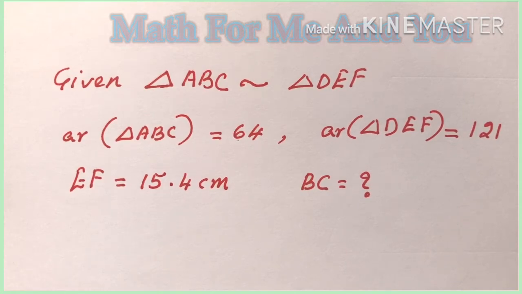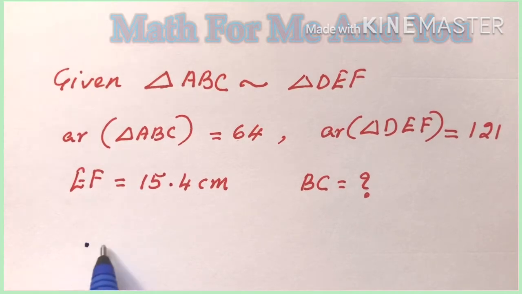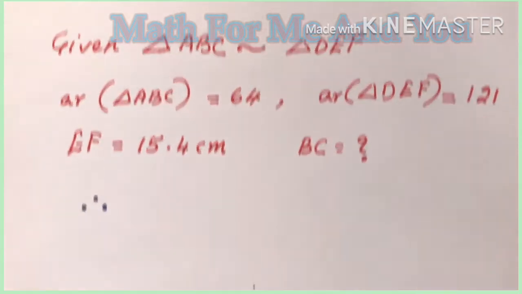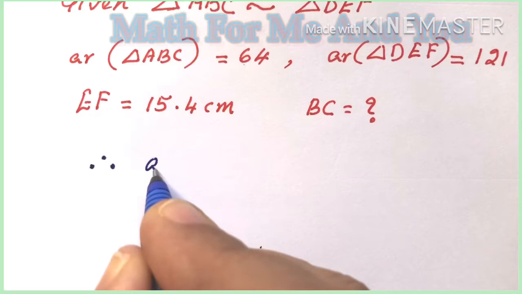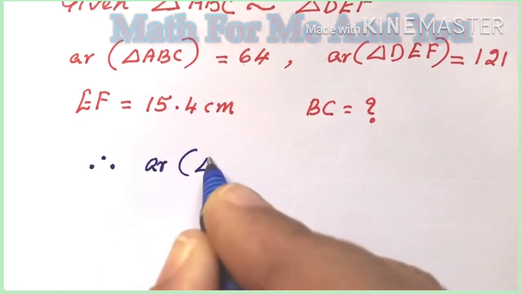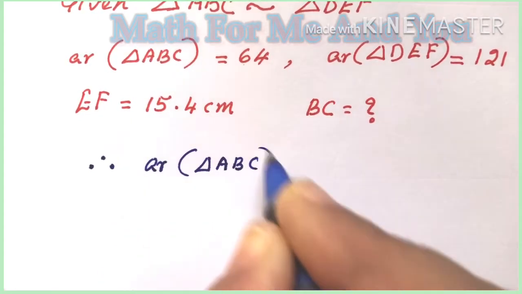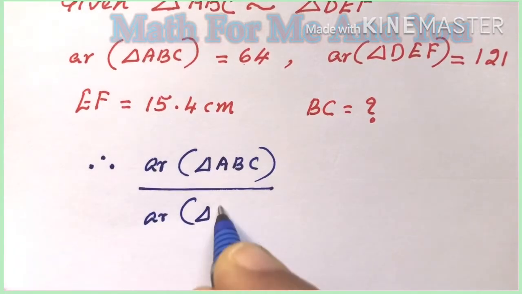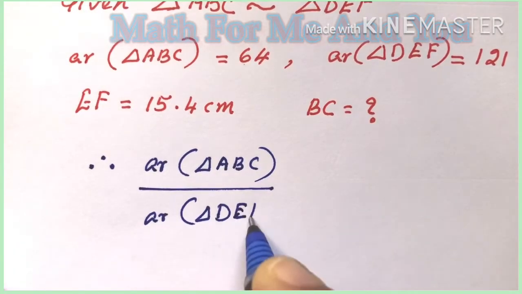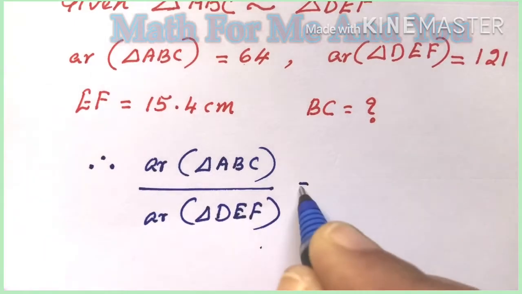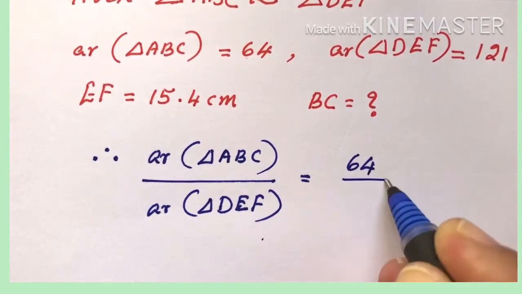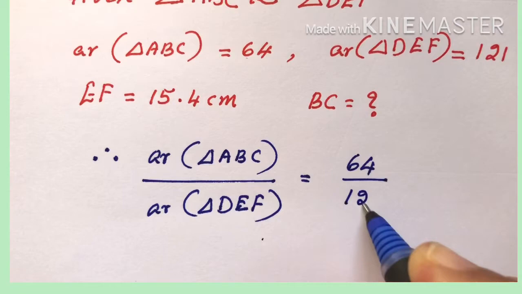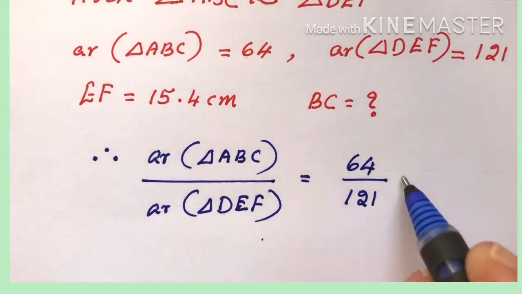The two triangles are similar, so we can write the ratio of their areas. The ratio means we divide the area of triangle ABC by the area of triangle DEF. That is equal to 64 by 121. And the theorem says it is equal to the square of the ratio of their corresponding sides.